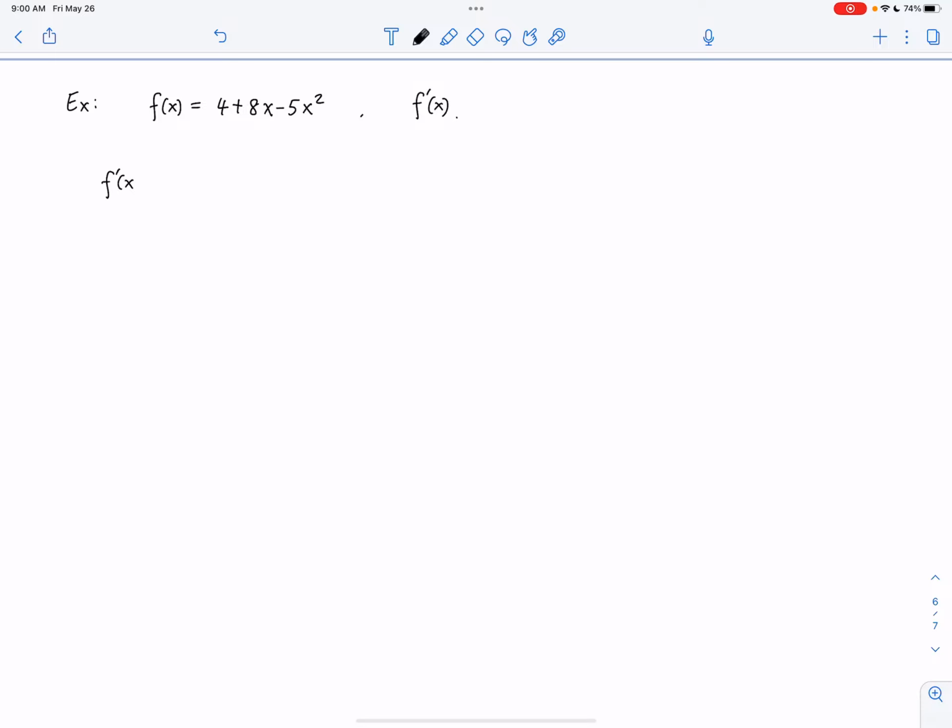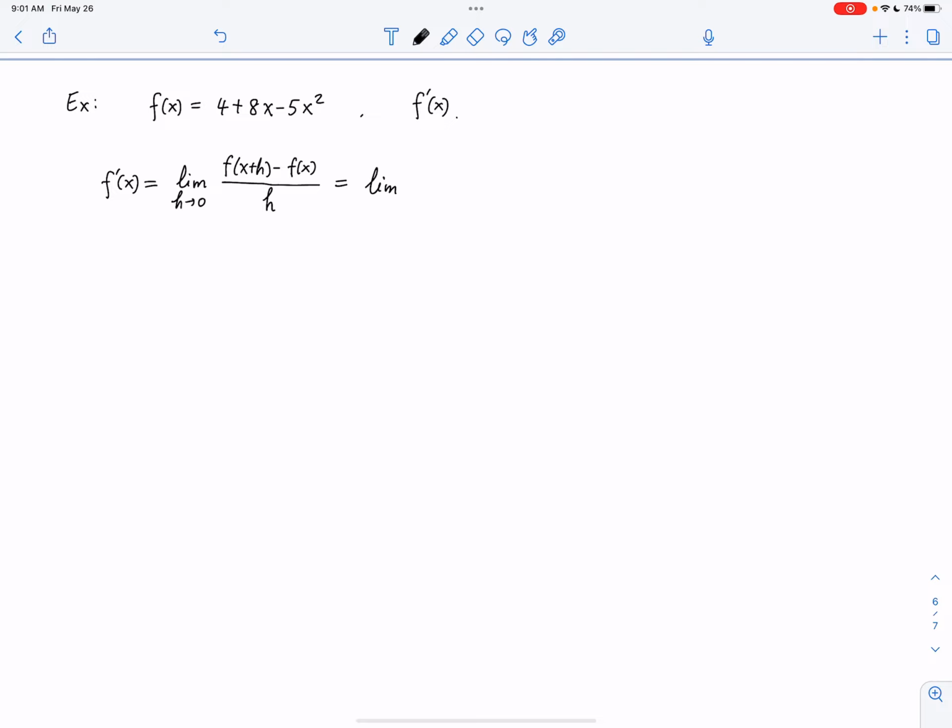All right, so let's see what we can do. The derivative, we know that it's a limit, as h goes to 0, of f(x plus h) minus f(x) over h. This is how we define the derivative of the function for some value x.